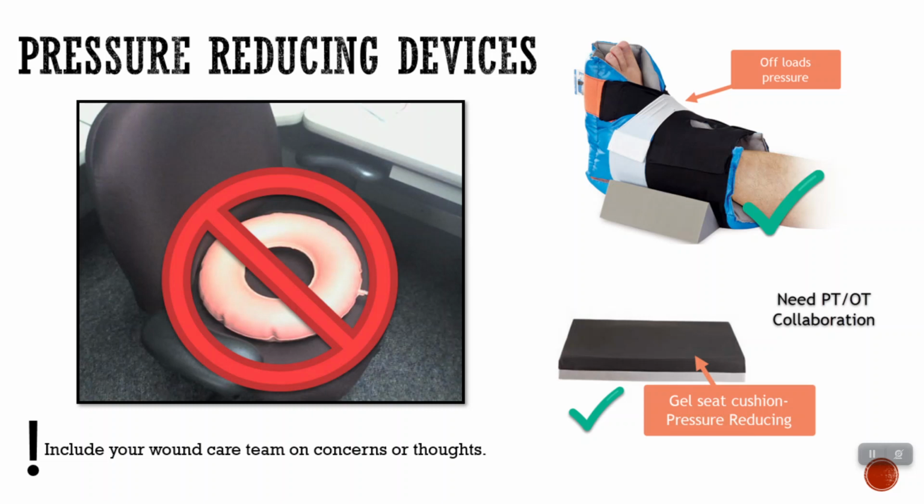And we can talk to our PT and OT team on what can we get to help assist our patients in reducing pressure, and either utilizing that as an intervention for a stageable pressure wound or as a preventable intervention.